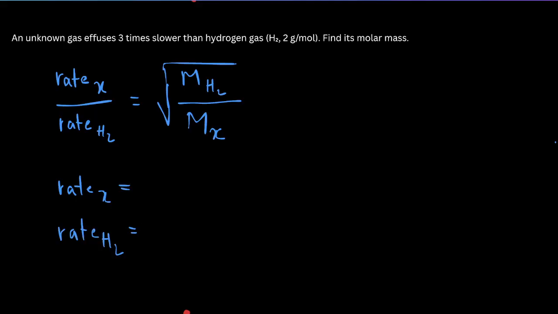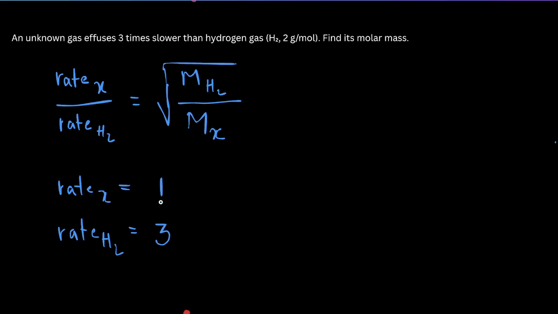So, if the rate of gas x, this unknown gas, was 1, then the rate of hydrogen gas would be 3. We're told it's 3 times slower, or in other words, the rate of hydrogen is 3 times faster than that of the unknown gas, excuse me.